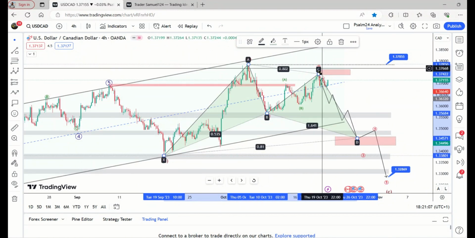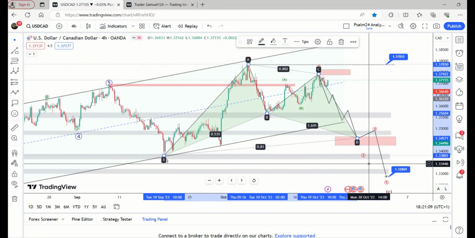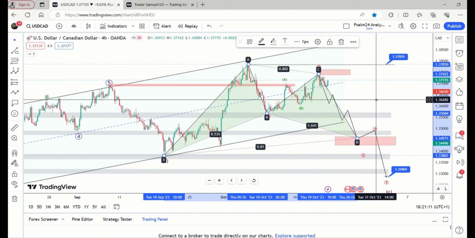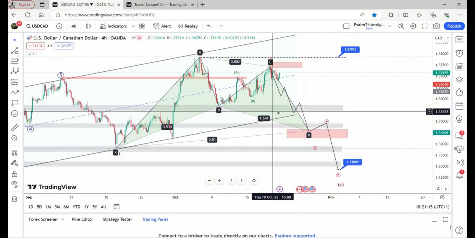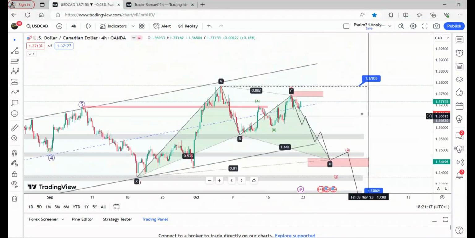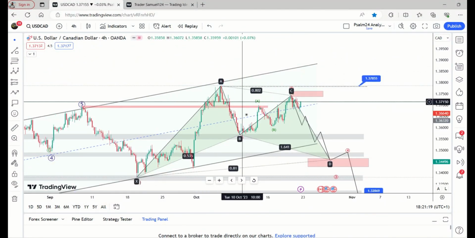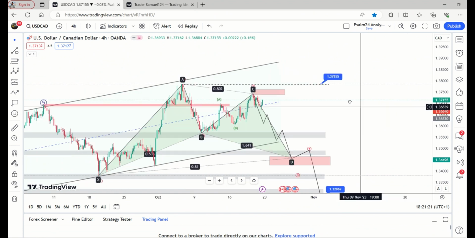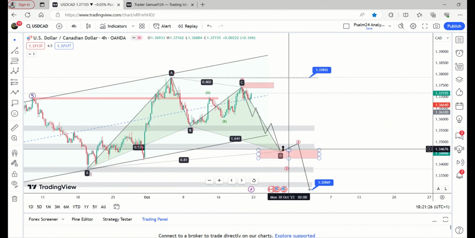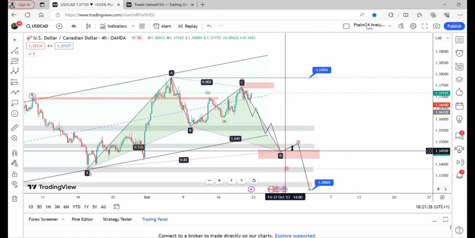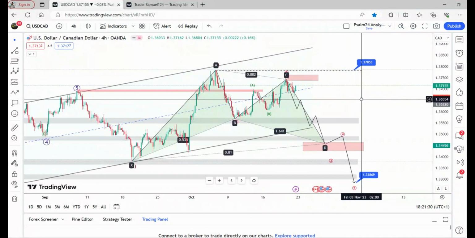We have ABC. This is 1, 2. Then we expect 3, 4, 5. And then from harmonic pattern, we also are in the process of forming this particular beautiful bullish pattern. So if that is going to be the case, then we expect the markets to come down to this particular zone before it will continue to the upside.